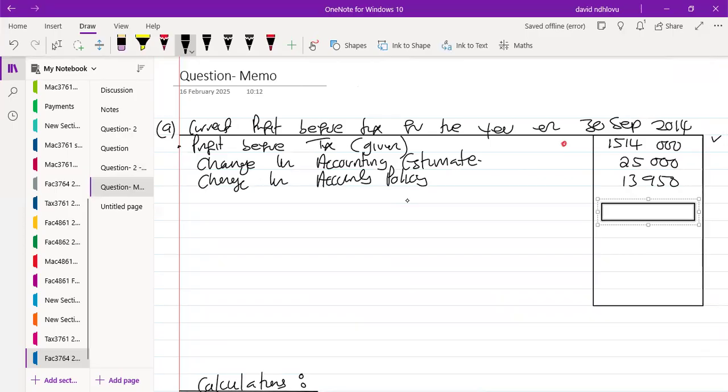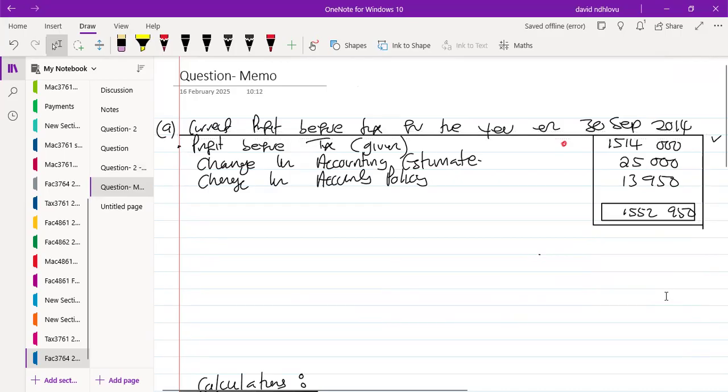Then we get the correct amount of profit before tax, and we'll now be sitting on a figure of 1,552,950. So that's our correct profit before tax.